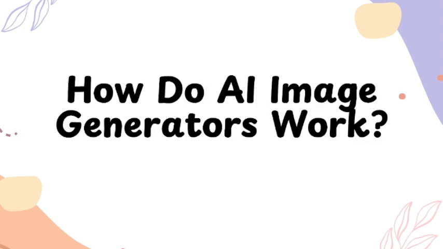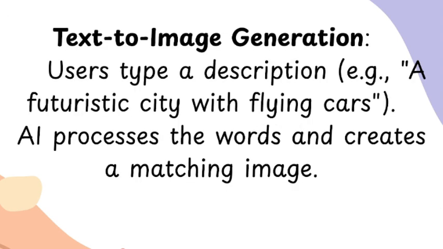So how does an AI image generator work? It works by text-to-image generation. You type a description, and then the AI processes the words and creates a magic image for you. I think that is how most AI works.